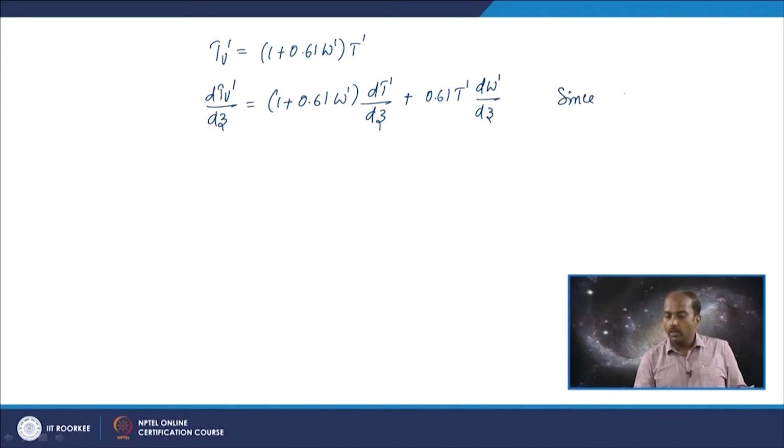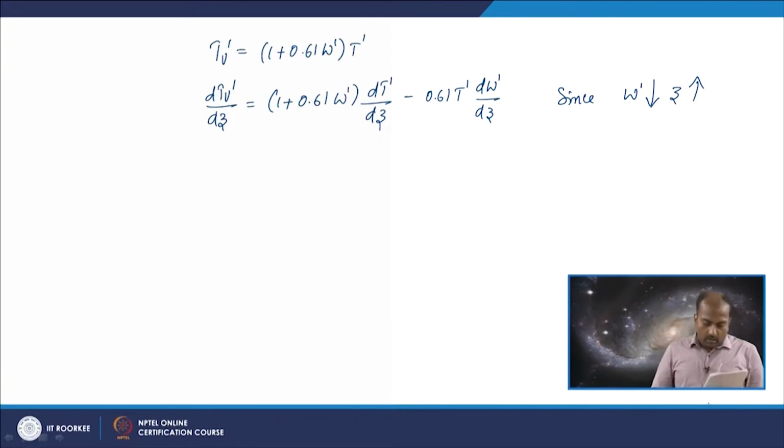Since W prime decreases with z, we will write minus instead of a plus, right. And we can say that the rate at which temperature changes inside the air parcel, previously gamma M, can now be written as gamma S.